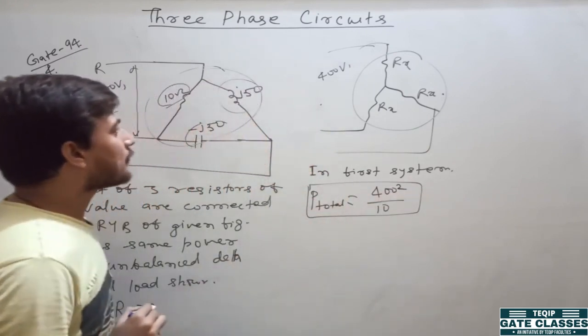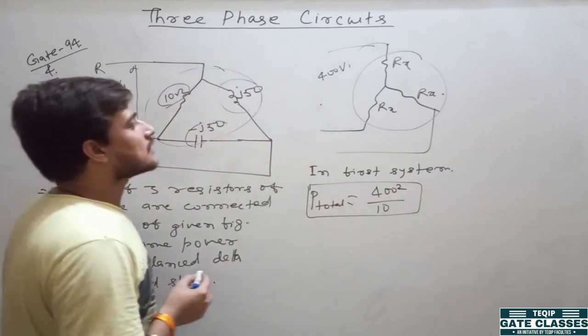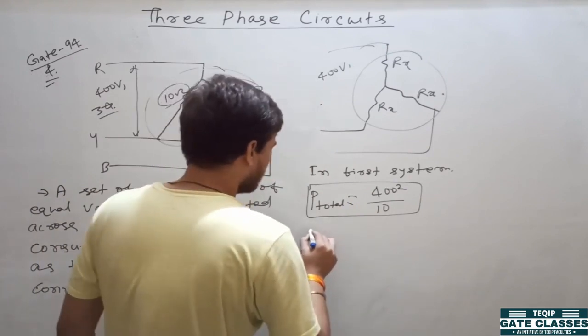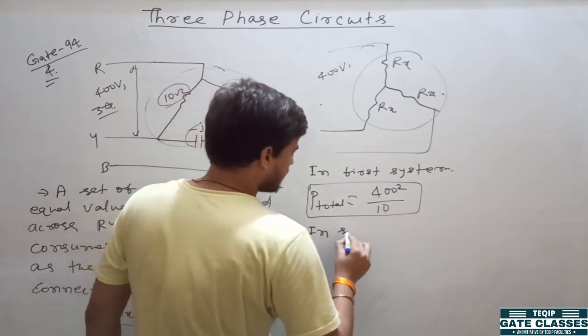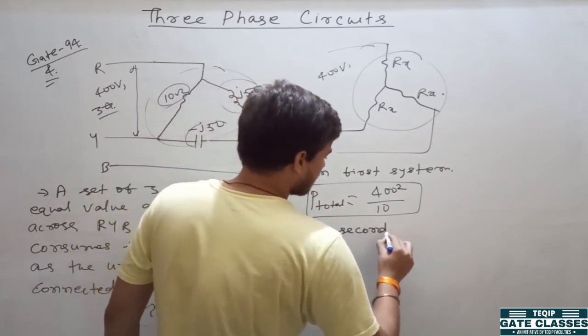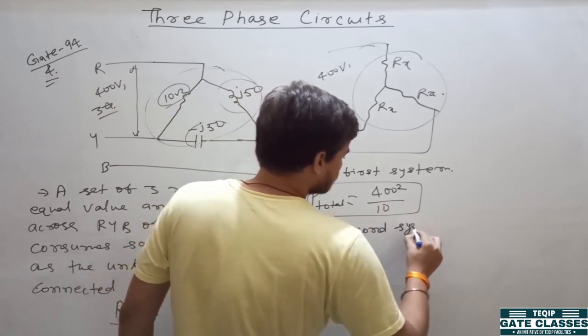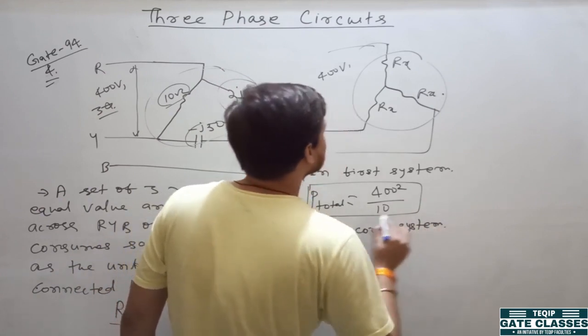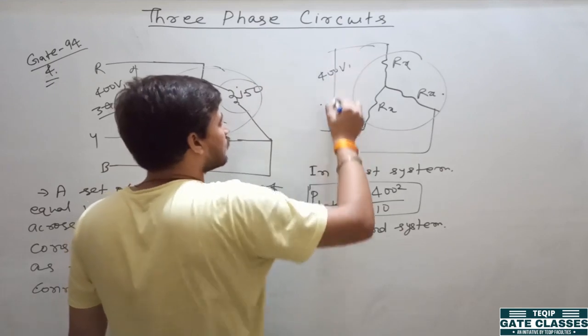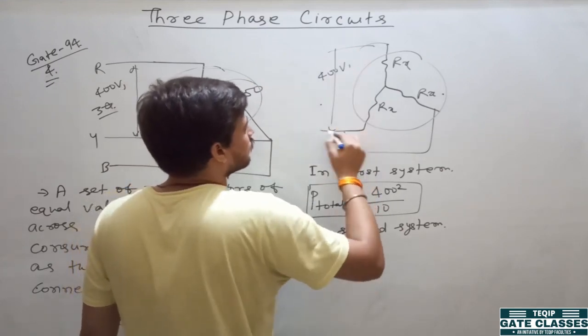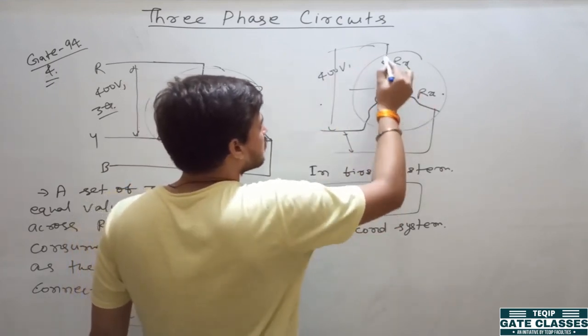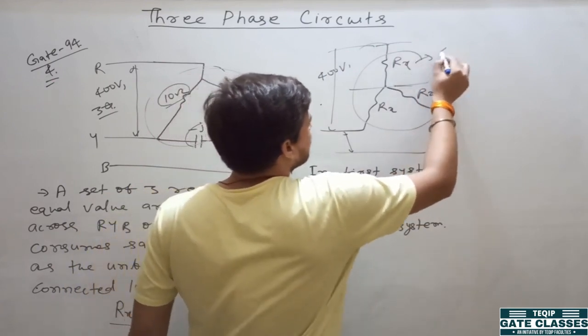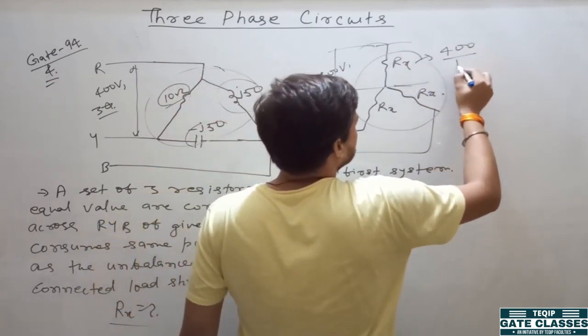Now we have to calculate for this star connected system, that means in the second system. In the second system, this voltage is 400, this voltage is 400. So what will be the value of phase voltage? Phase voltage is 400 divided by root 3.